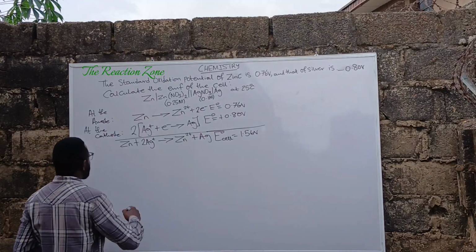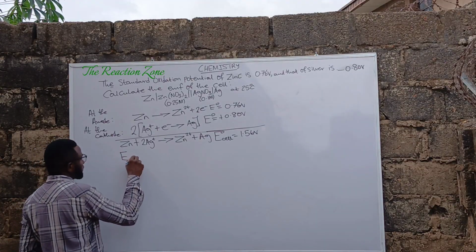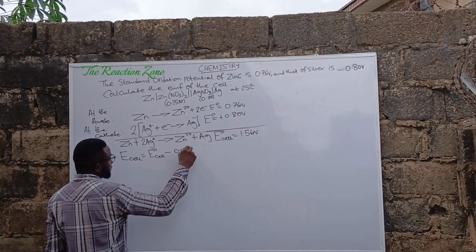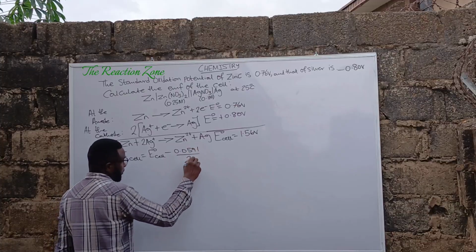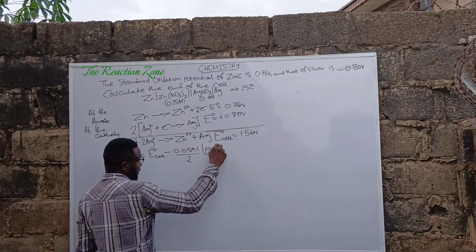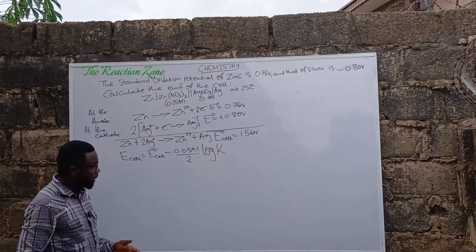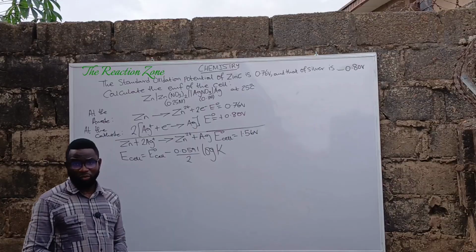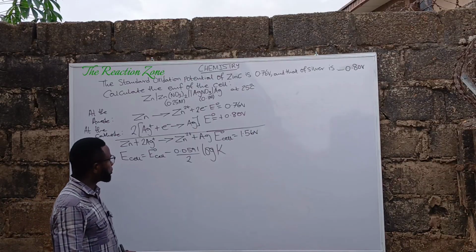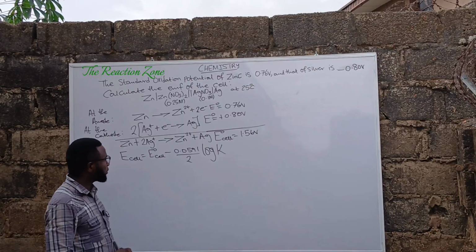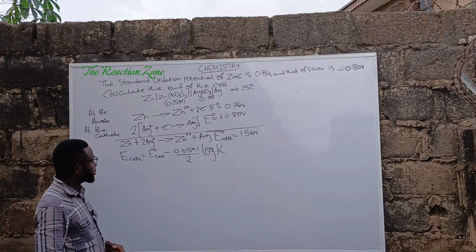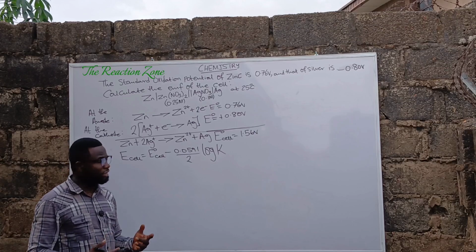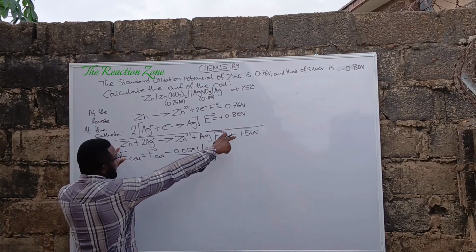So using the Nernst equation, we shouldn't forget that E cell is going to be equal to E0 cell minus 0.0591 divided by 2 log K. K in this case is the equilibrium constant or the reaction quotient, and it is actually equal to the concentration of the ion in the product over the concentration of the ion in the reactant. Now, how do we get which one is the product and the reactant? We have to look at the overall cell equation, which is this.